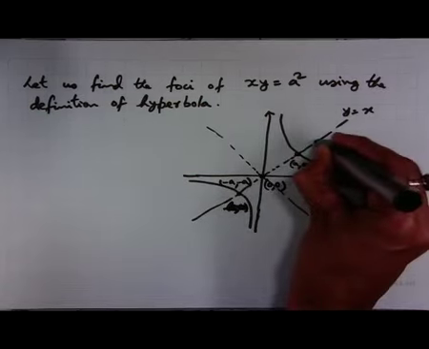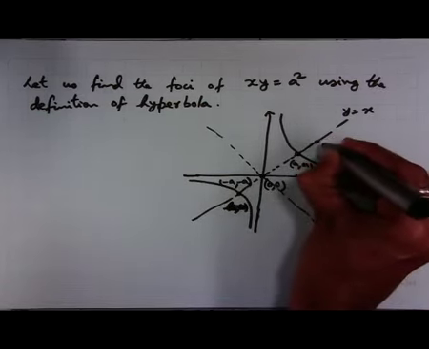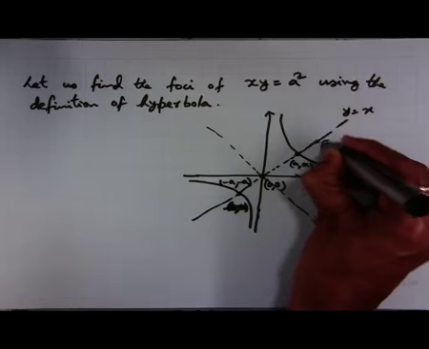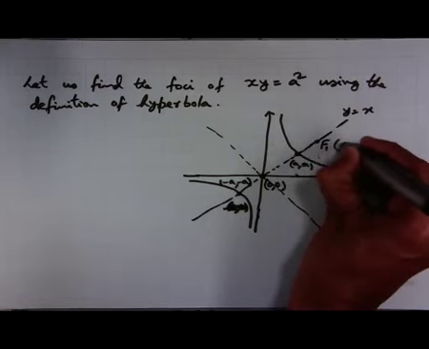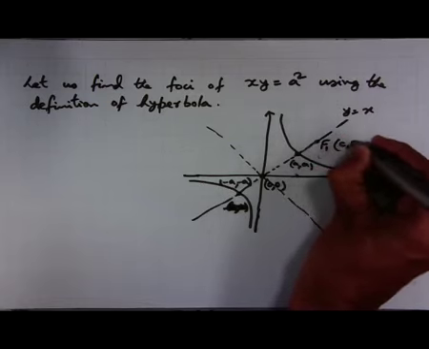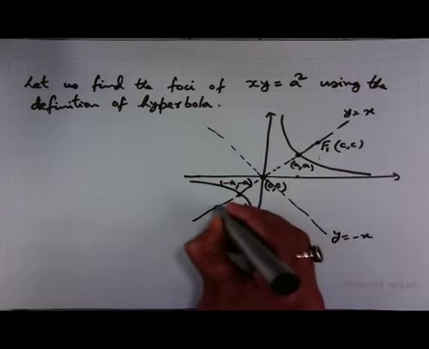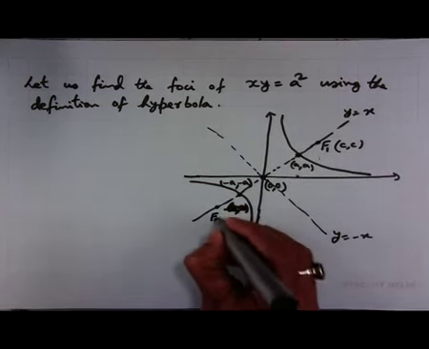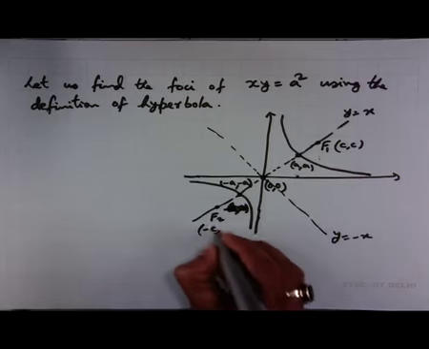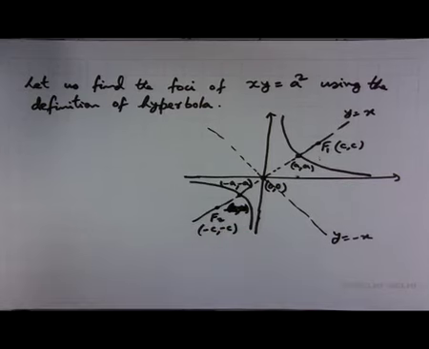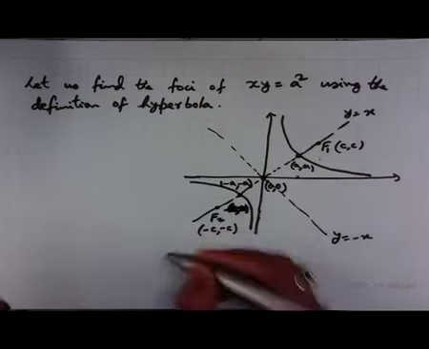Suppose the foci are at the points, this is F1 some c comma c and F2 is minus c comma minus c. These foci also lie on the transverse axis.